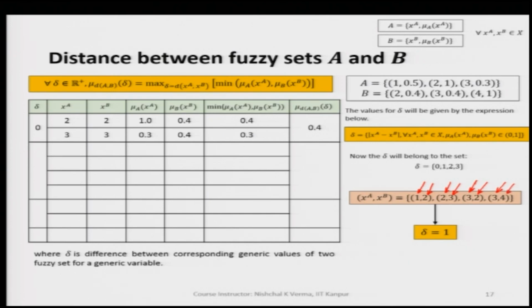All these 4 pairs result in delta equal to 1.